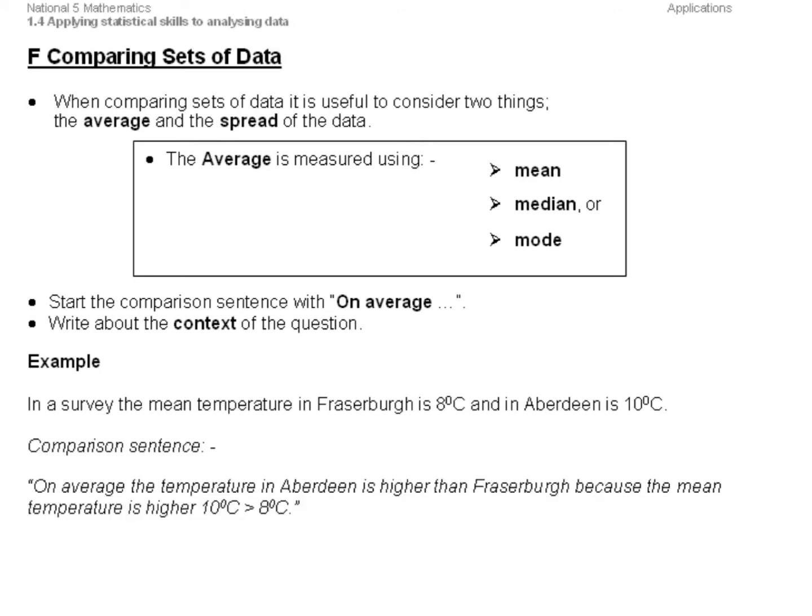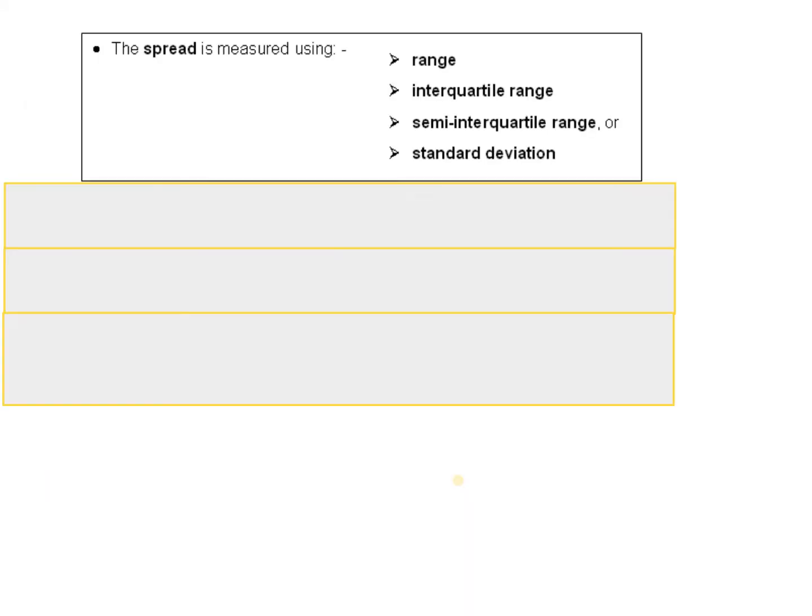So for these two means, we could say, on average, the temperature in Aberdeen is higher than Fraserburgh because the mean temperature is higher. 10 degrees C is larger than 8 degrees C. But notice that we must have this "on average" bit here. We must also consider the spread of the data as well.